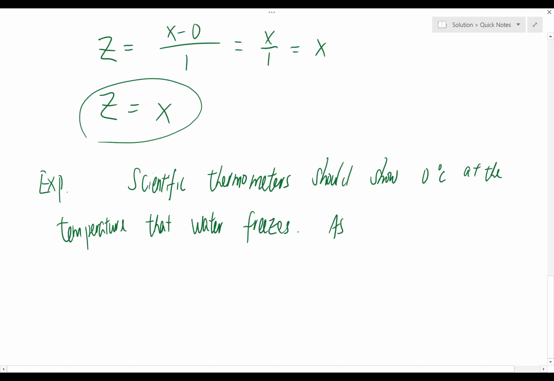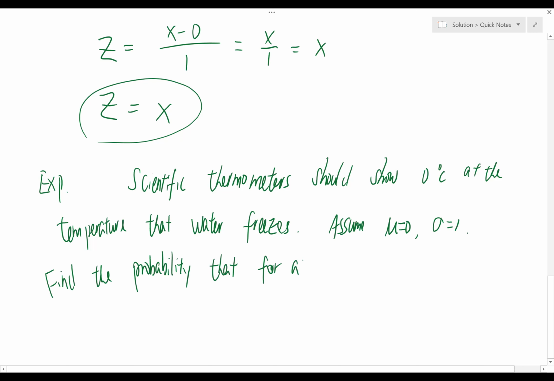Assuming mu equals 0 and sigma equals 1, find the probability that for a thermometer the temperature shown is below 1.58 Celsius.